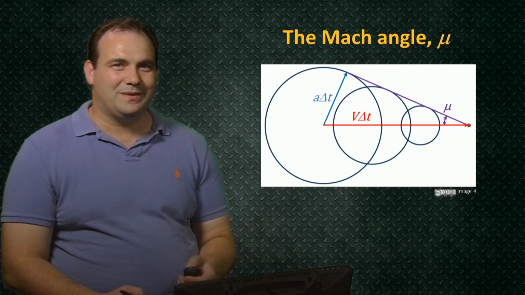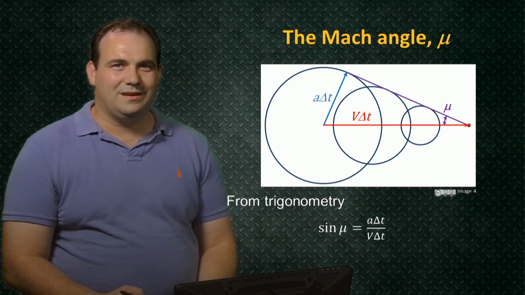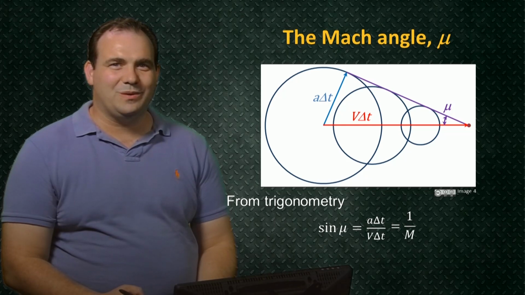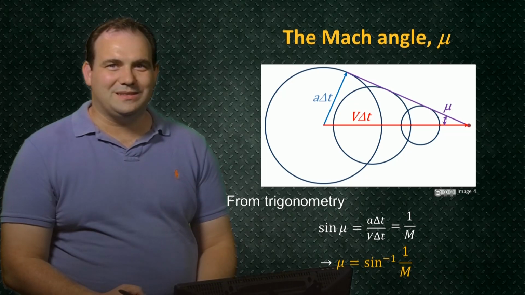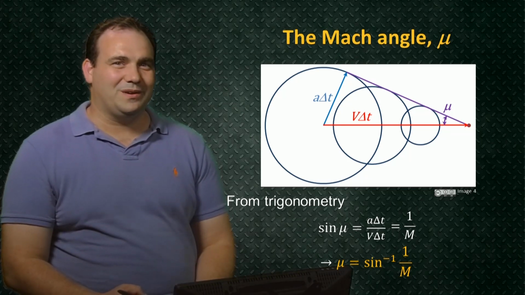From trigonometry, sin μ is equal to aΔt on vΔt. If we cancel out those Δt's, this is just going to be equal to 1 on the Mach number. Thus, μ is equal to the inverse sine of 1 on the Mach number. This is known as the Mach angle, and it defines the geometry of the Mach cone.